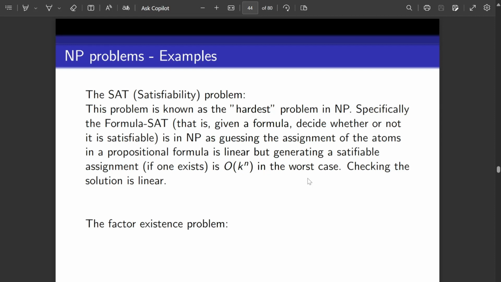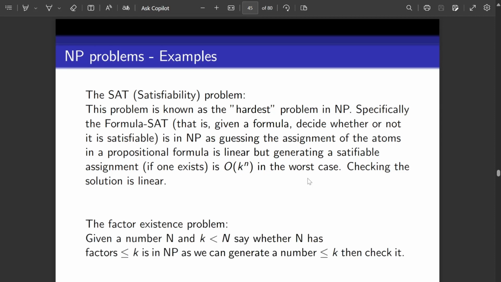And another one is the factor existence problem. Given a number n and k less than n, say whether n has factors less than or equal to k. That's in NP, as we can generate two numbers that are less than k and then check it.